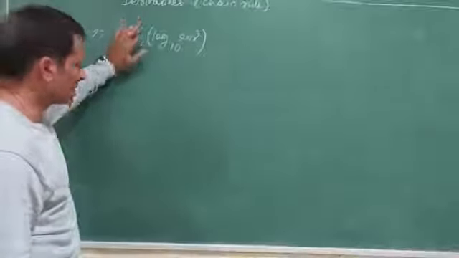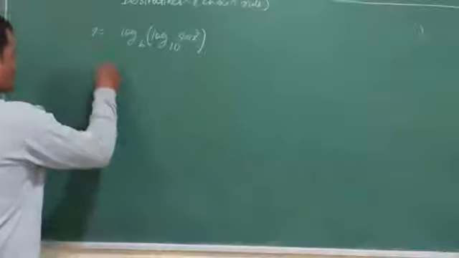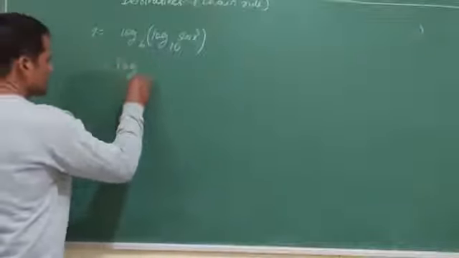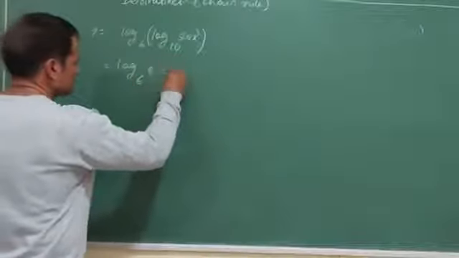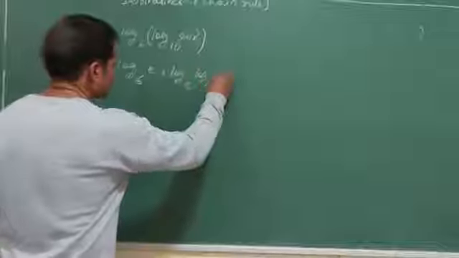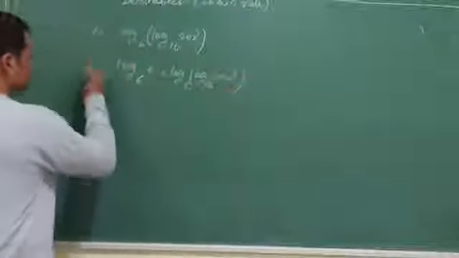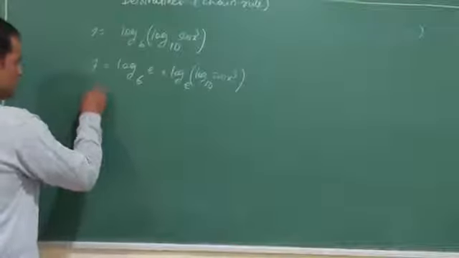Log, then base 6, then log. So this is the first log. Is the base e? No. So convert it to e. Log 6 base e into log e of log 10 sin x cube. This is a bracket here. Now I can go for the derivative d by dx.